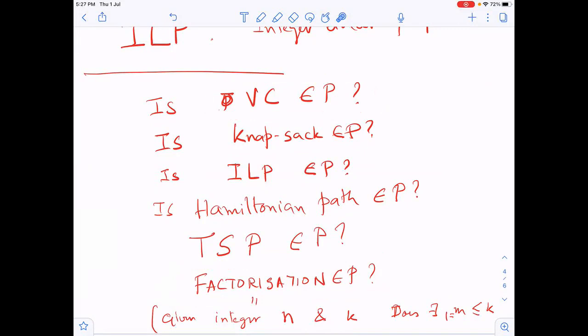Say I go to you and I tell you that I have this problem. Here is a graph, and I'm asking, is there a vertex cover of size less than k? And you say yes, it has. But I am not a fool to accept whatever you say. So you have to give me a proof.